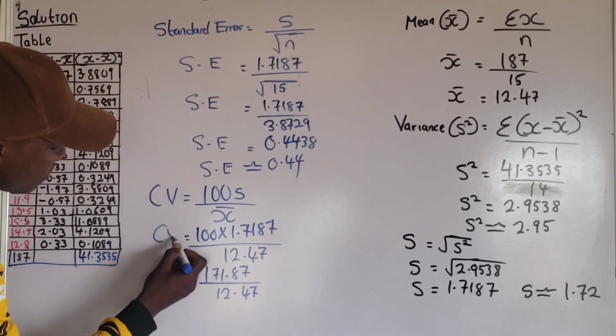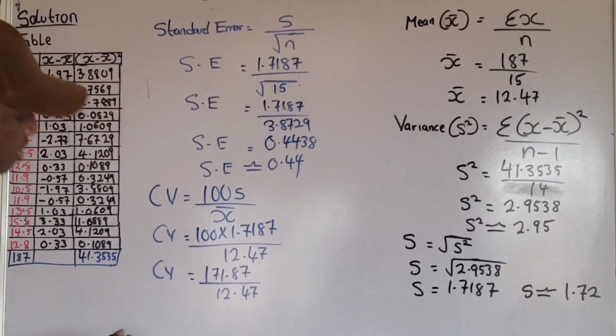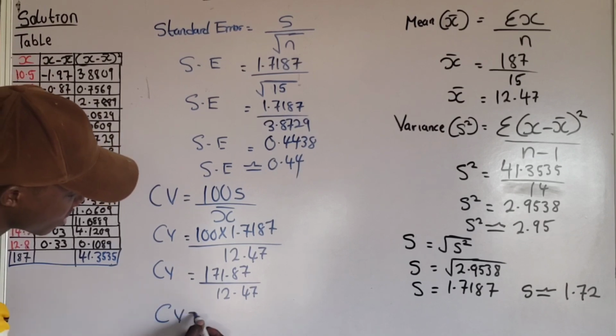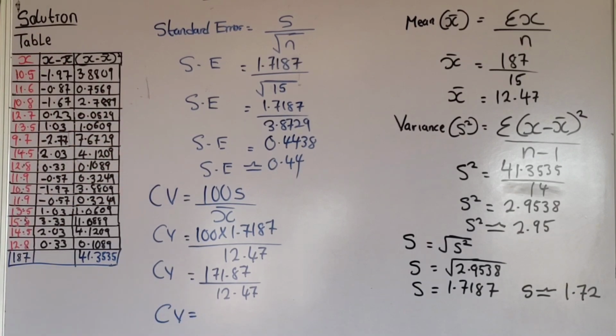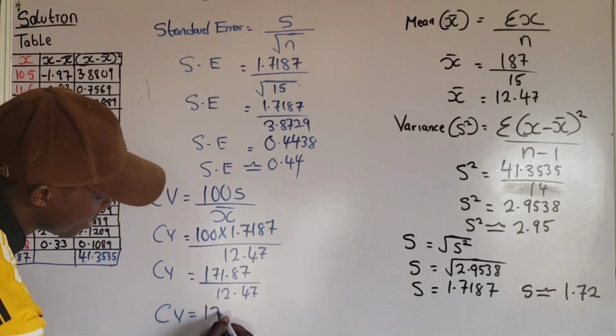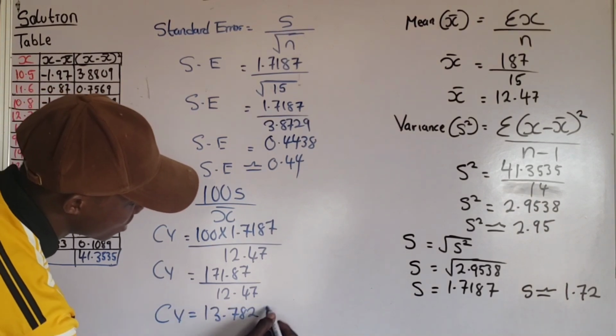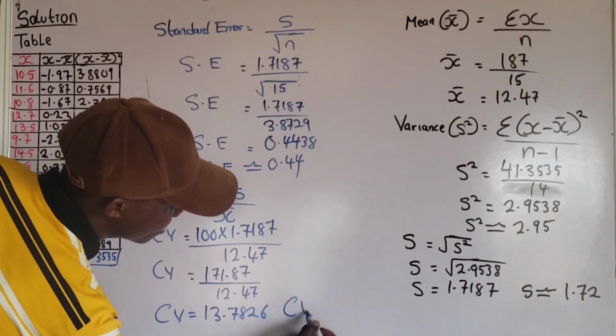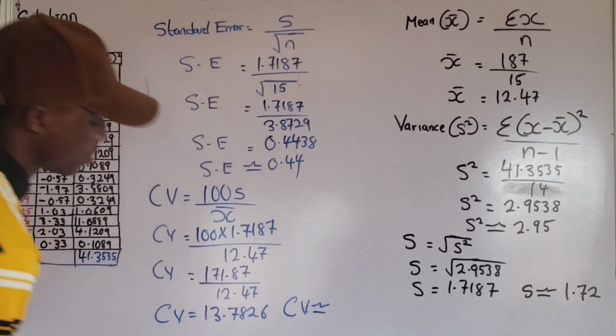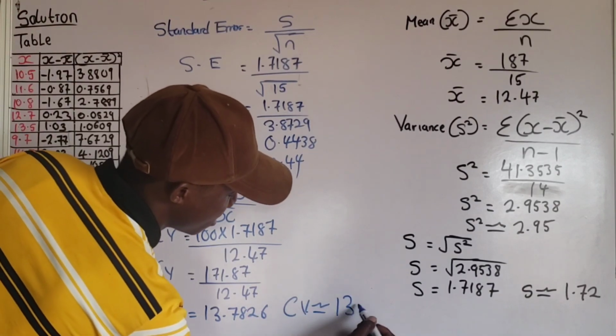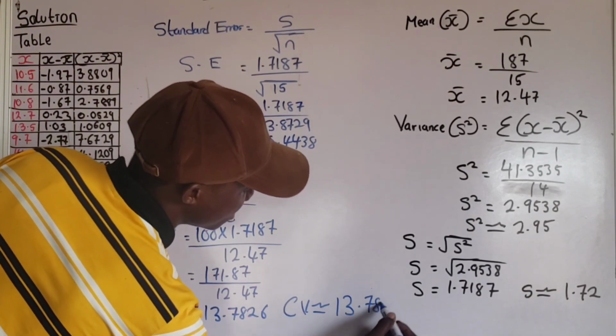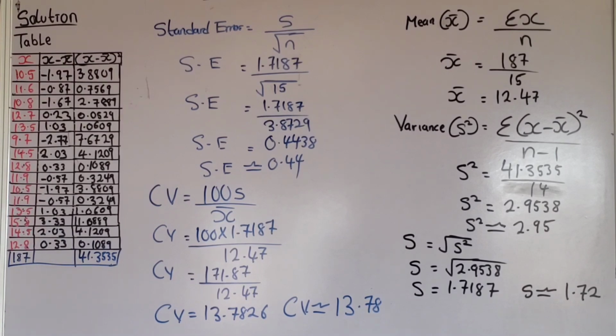So CV, which is the coefficient of variation, is equal to 171.87 divided by 12.47. That is 13.7826. So the coefficient of variation can be approximated to 2 decimal places as 13.78. So you can see that the question is simple.